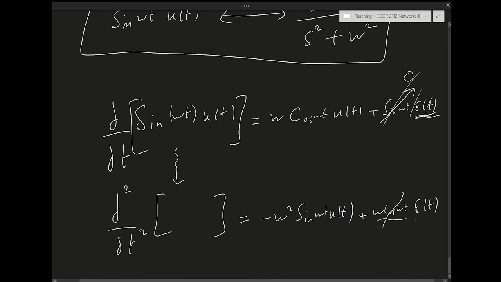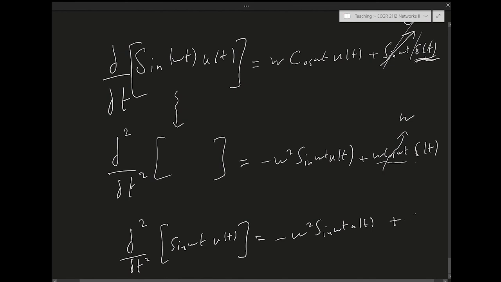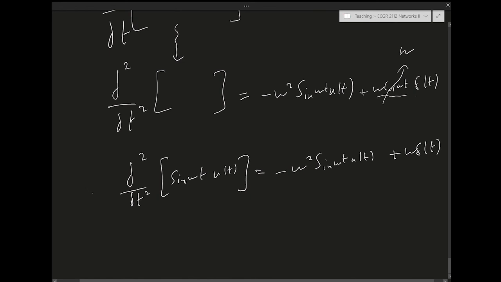Cosine omega t at t equals 0 is 1, so 1 times omega. So d squared over dt squared of sine omega t u of t is equal to minus omega squared sine omega t u of t plus omega delta t. I can take the Laplace transform of both sides.